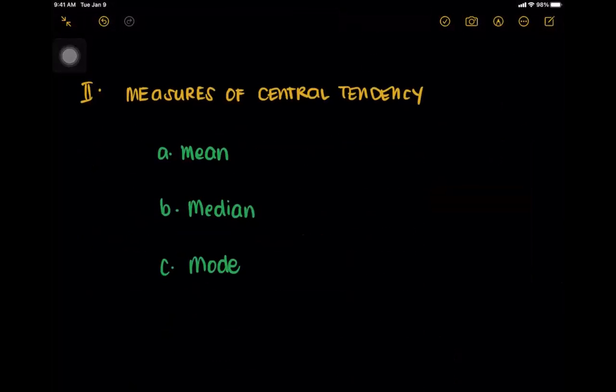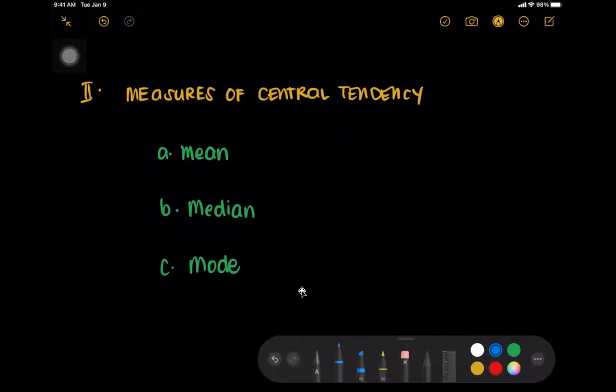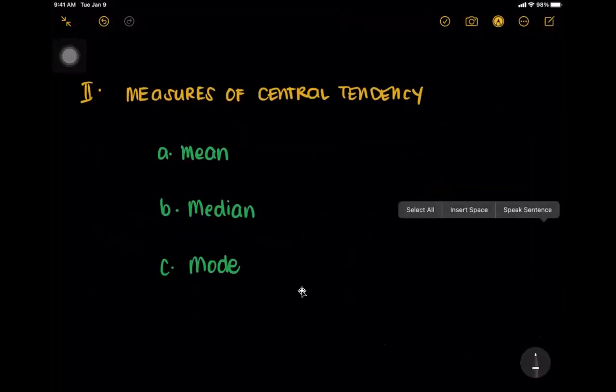Now, this is a review because in your statistics and probability, you might have covered this one. But let me walk you through one more time. Remember, when we say measures of central tendency, what are we talking about?